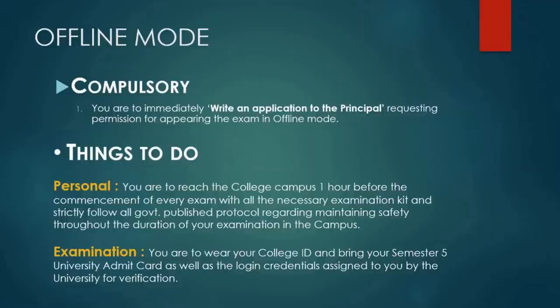And you will have to come with all the necessary examination kit. That means your pen, pencils, erasers, writing board, everything. And strictly follow all government published protocols regarding maintaining safety throughout the duration of your examination in the campus, which involves social distancing, wearing masks, sanitization, etc., etc.